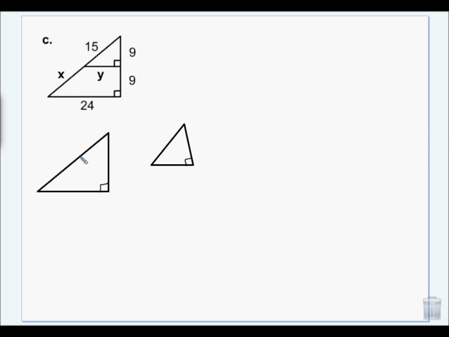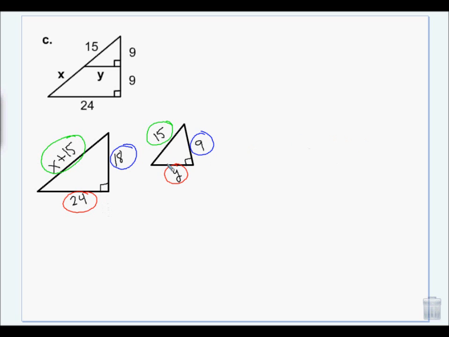On my big triangle, I have x plus 15, 24, and then 9 plus 9, so that's 18. And then for my small, I have 15, y, and 9. Y and 24 go together, 9 and 18 go together, 15 and x plus 15 go together.